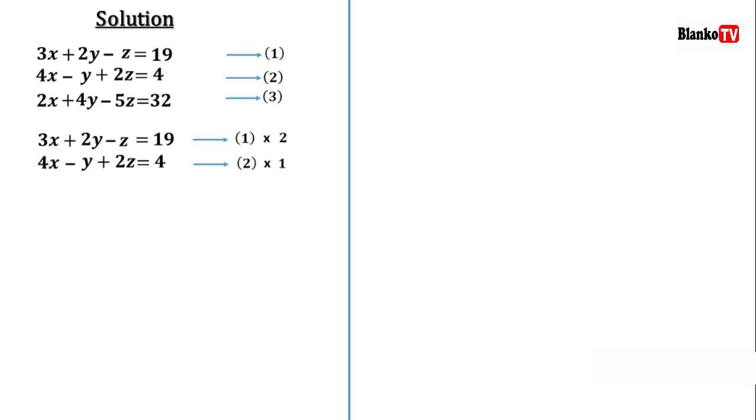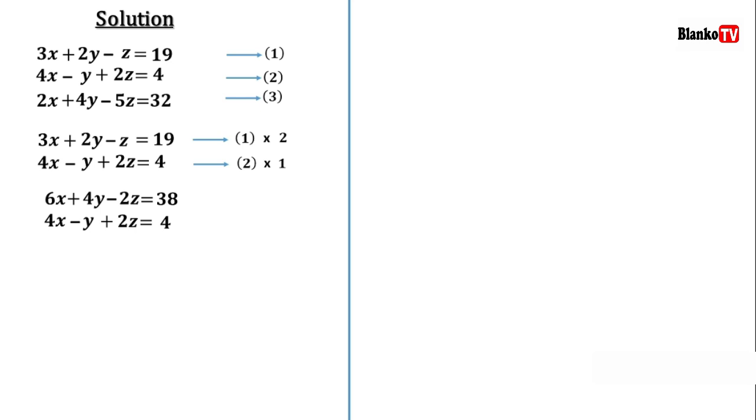And when we do that, we are going to get 6x plus 4y minus 2z equals 38. And then 4x minus y plus 2z equals 4.